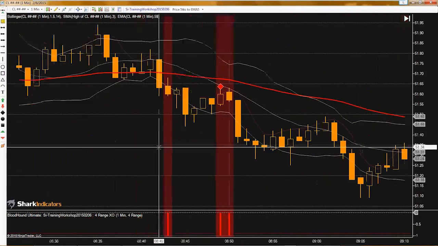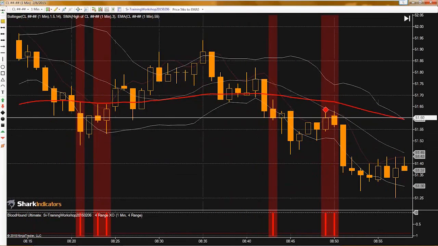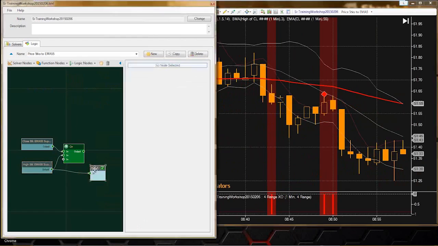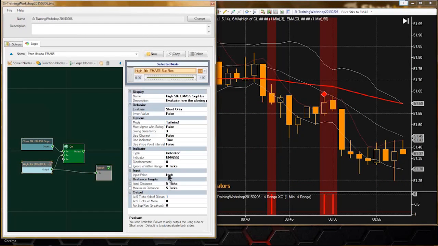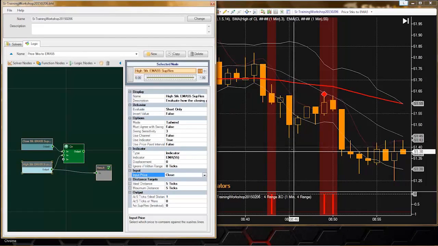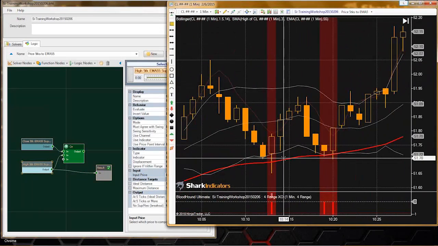So yeah, there we go. So these look a little more practical. And so if we want to use the low price for long bounces, let me scroll through the chart here.